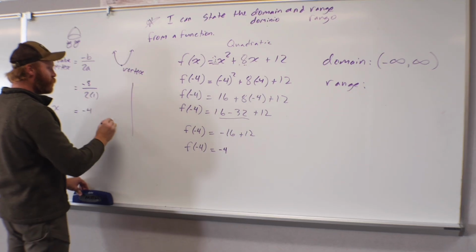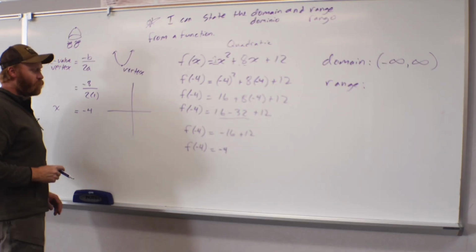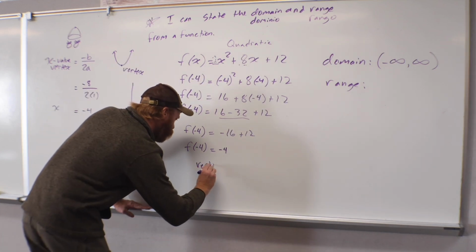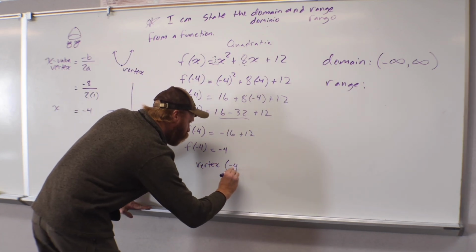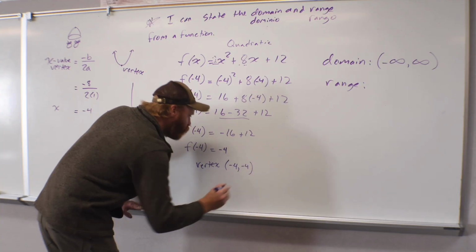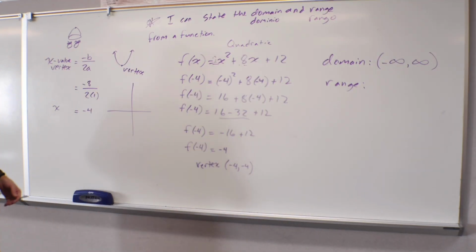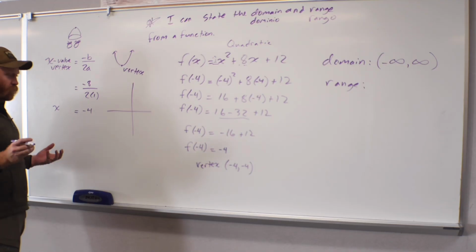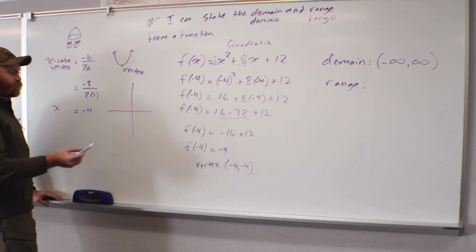So if we were to graph this, some students were able to jump right from the vertex of negative 4, negative 4 to the range. Other students struggle to visualize it. If you do, make a quick sketch of it.